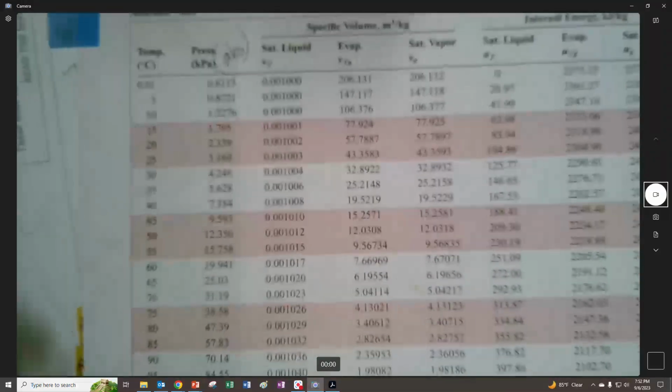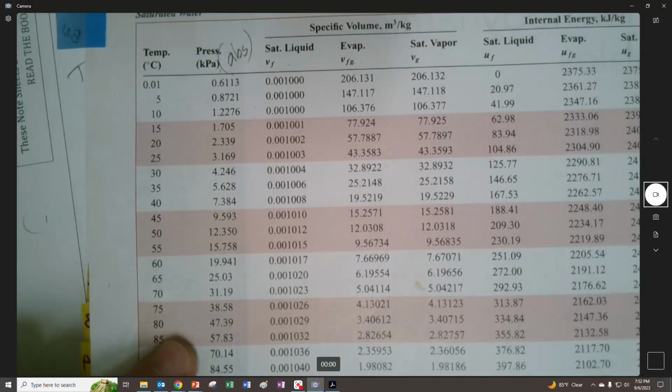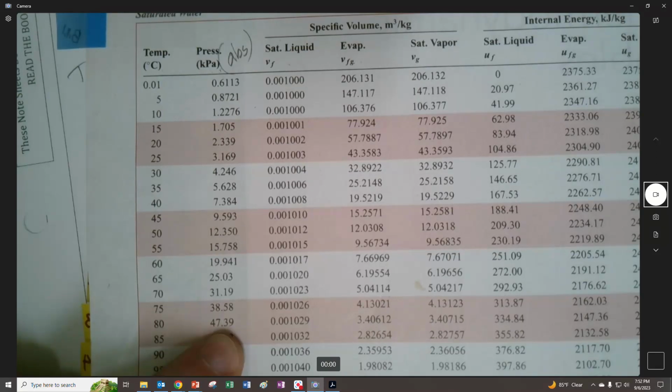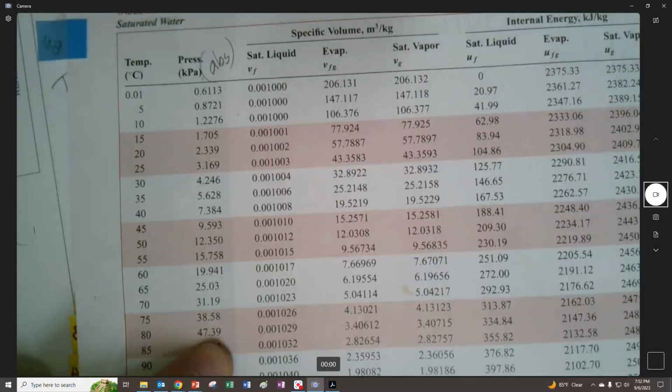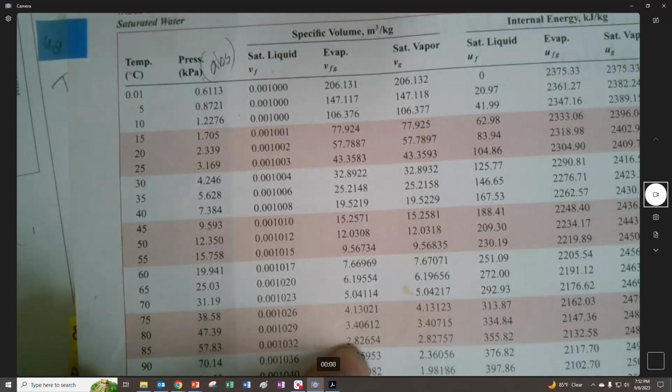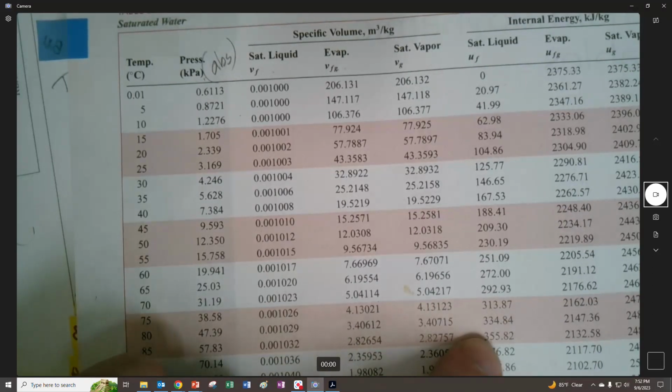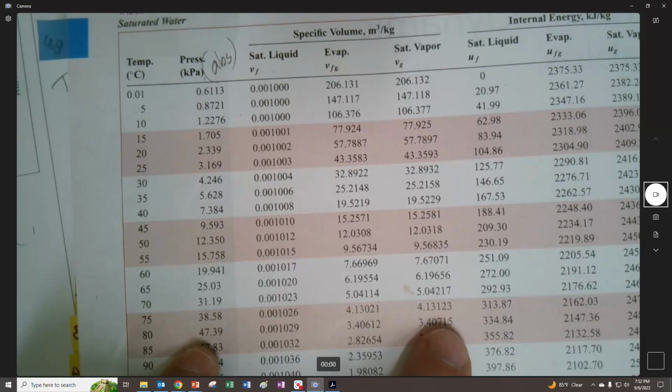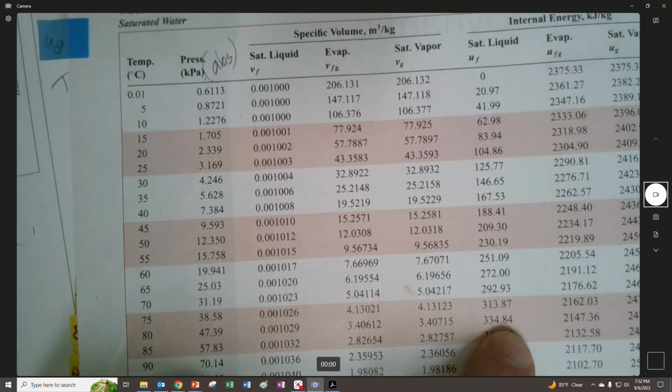Here's 80 degrees Celsius right in there. And you can see the absolute pressure, that's 47.39, much, much smaller than 5,000. But let's come back over here and go to 80 and see 334.84. Huh.